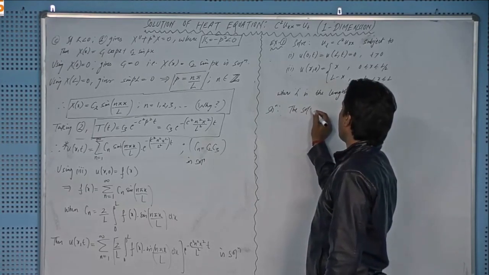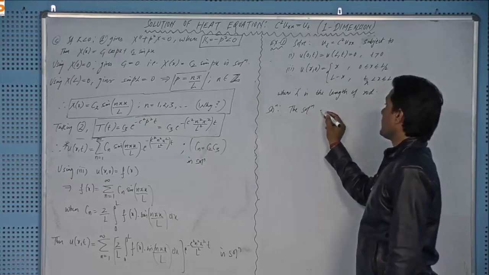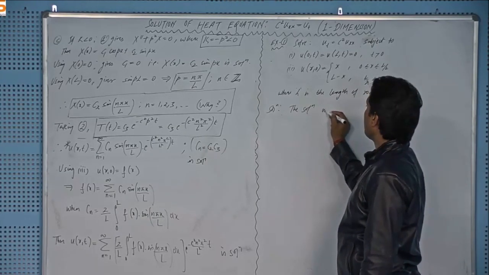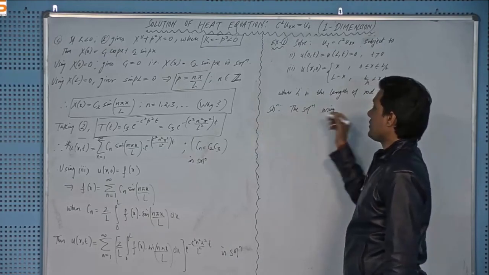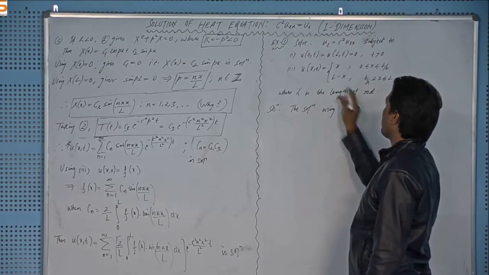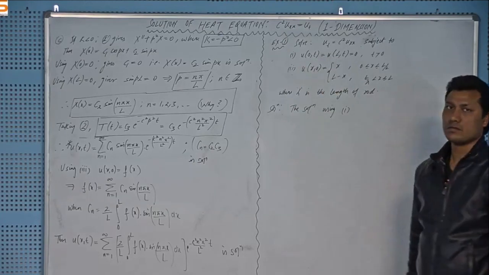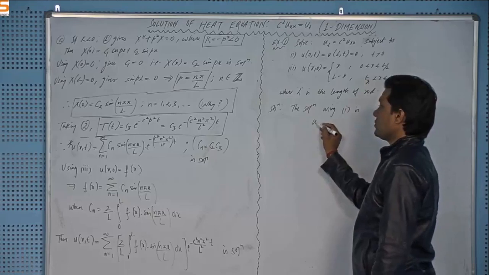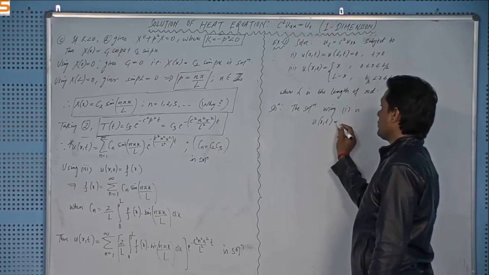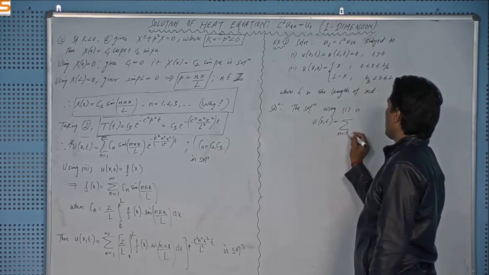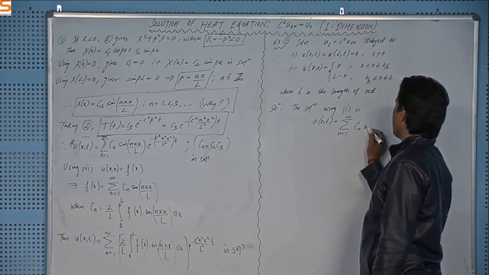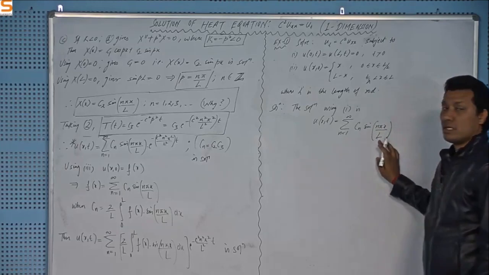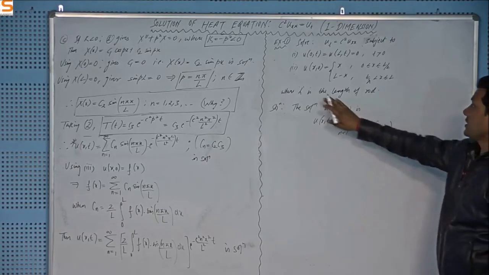The solution using the first and second conditions, both are in this, is given by u(x,t) equal to summation n equal to 1 to infinity, cn sine n pi x over capital L. Make sure that the length of the rod is again capital L, fine.